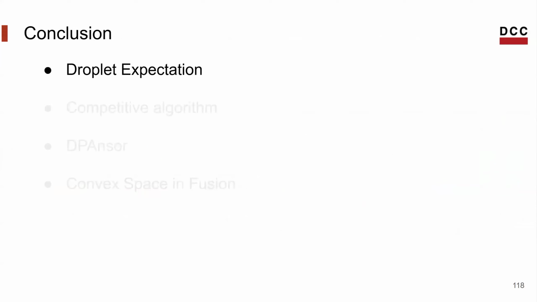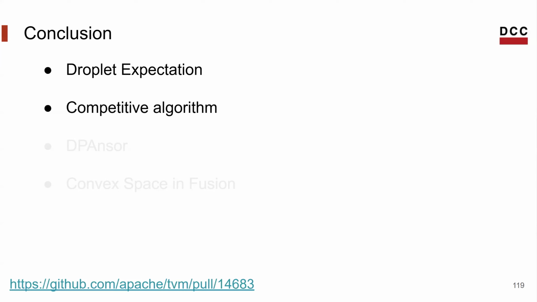We showed the Doppler expectation hypothesis can be healed. Also, in the case where the hypothesis cannot be used, Doppler had a good solution. Doppler is a good competitive algorithm against the other TVM algorithms. And since version 0.13 of TVM, Doppler is part of them.